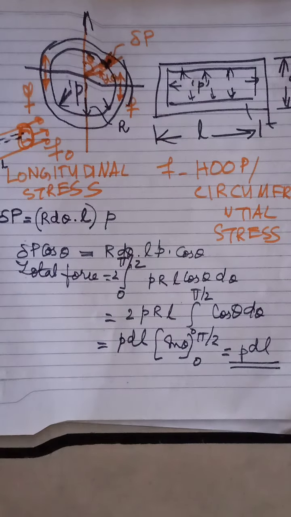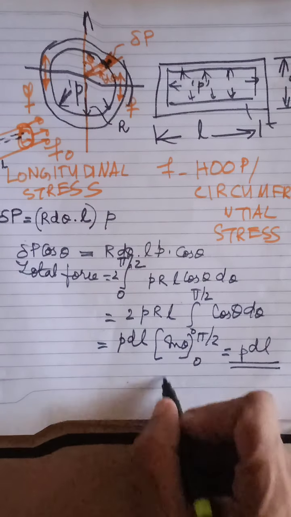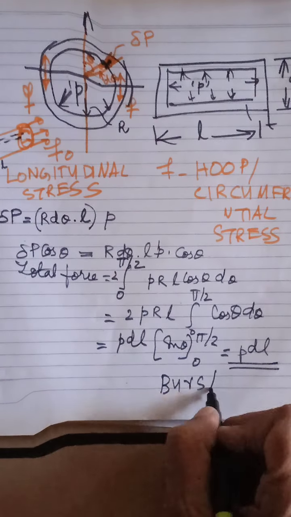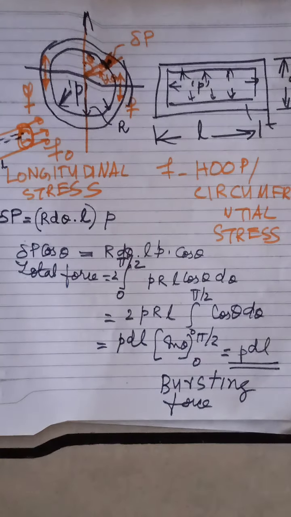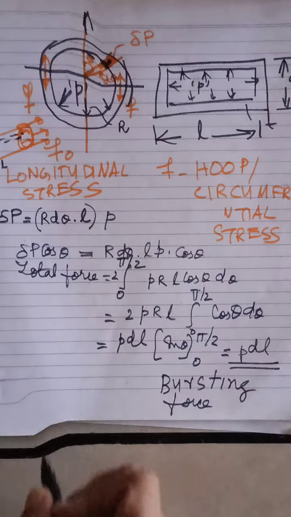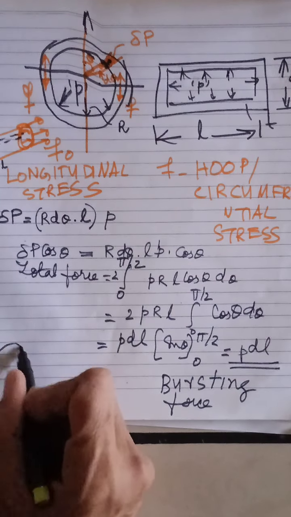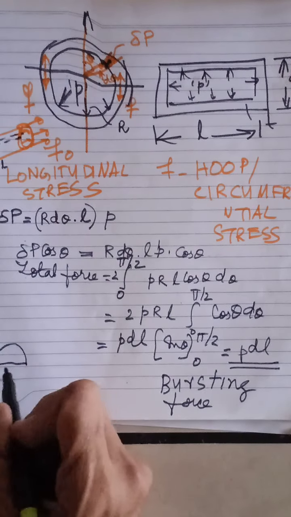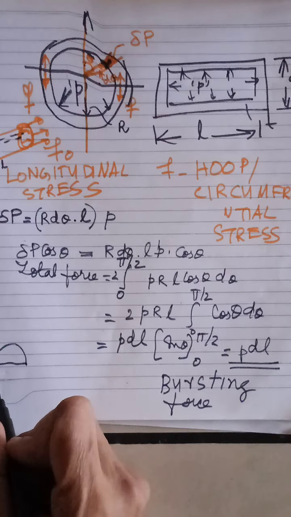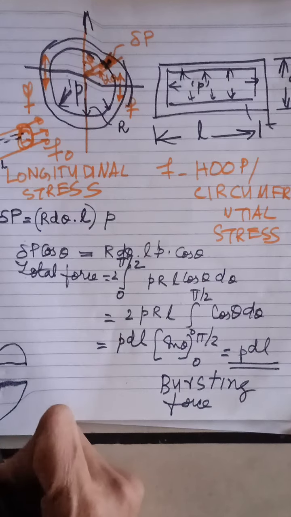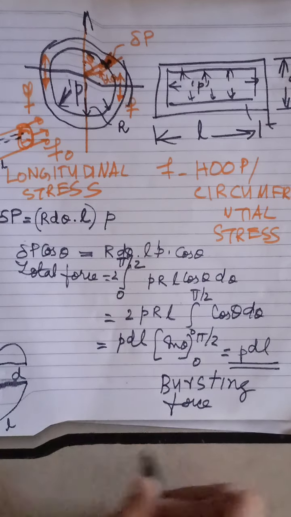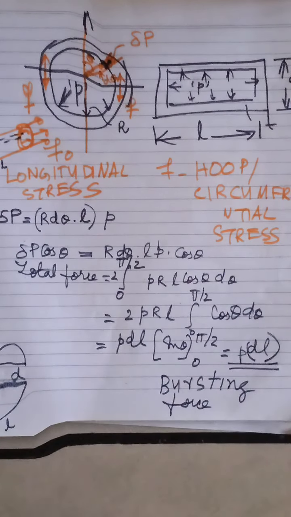This is what you call the bursting force. This is the force generated for the cylinder to burst or to fail. If it is going to fail like that, and you take the cross section longitudinally, you have this much width D and the length L. This term is called the projected area.